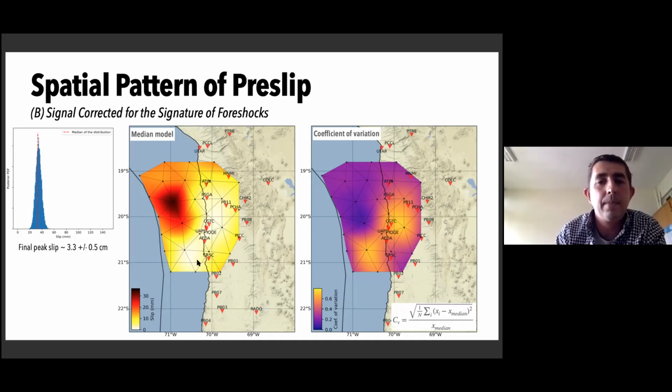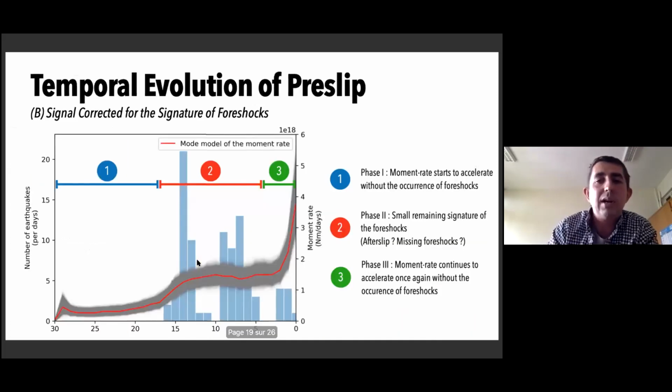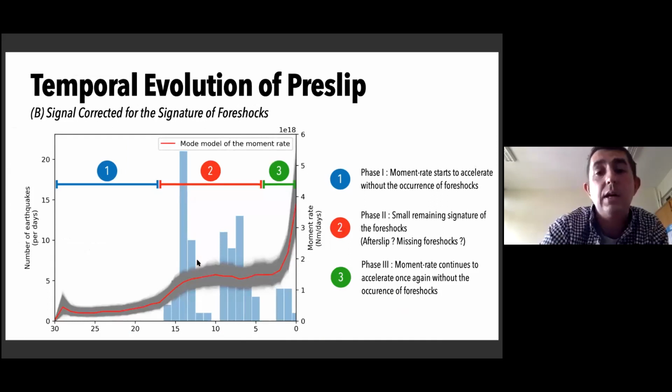data. In terms of the temporal evolution, we now see that we still have the 3 phases that I was describing before. First, an acceleration here. Then we still seem to have a remaining signature from the foreshocks. There is some question, and I'll try to answer it at the very end of this talk, whether this is afterslip or missing foreshocks.